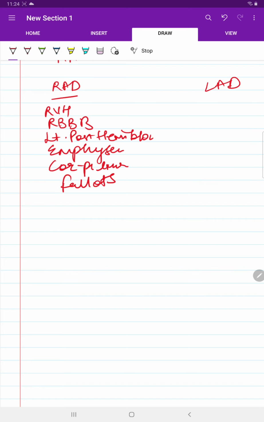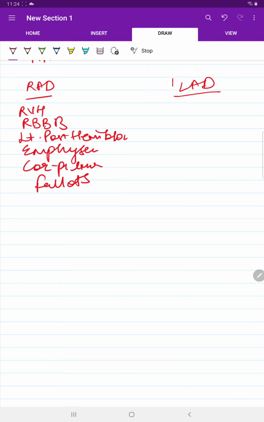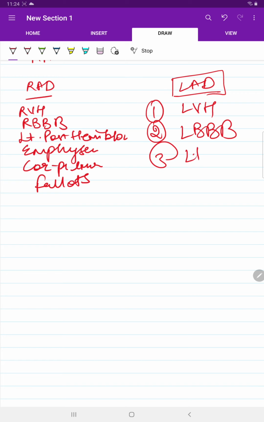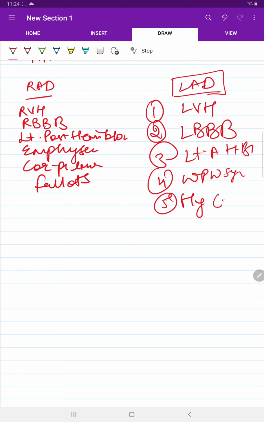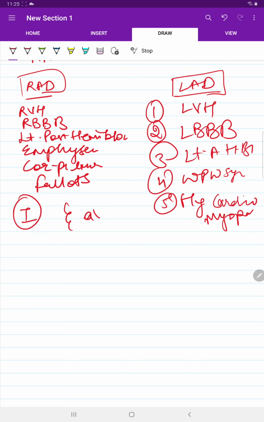Left axis deviation is more dangerous. It can be in left ventricular hypertrophy, left bundle branch block, left anterior hemiblock, WPW syndrome, and hypertrophic cardiomyopathy.